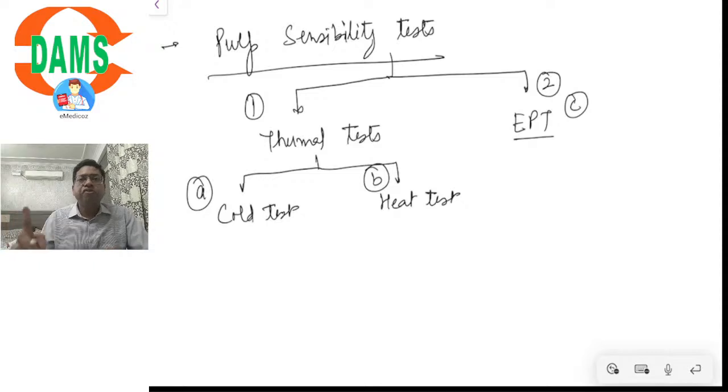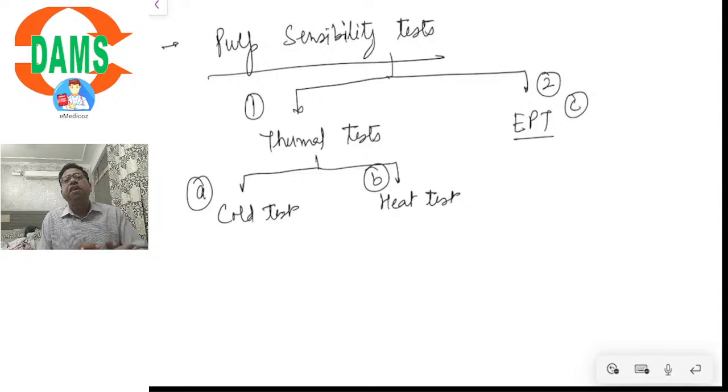One of the biggest disadvantages of pulp sensibility tests is that they are not purely objective, meaning they are not truly based upon the clinician's interpretation. We have to rely upon the patient's response, so they are more subjective in nature.